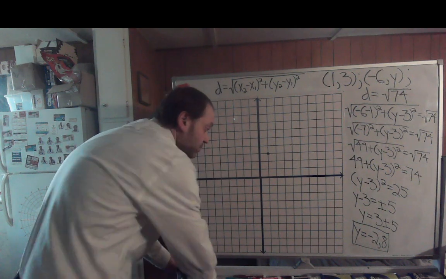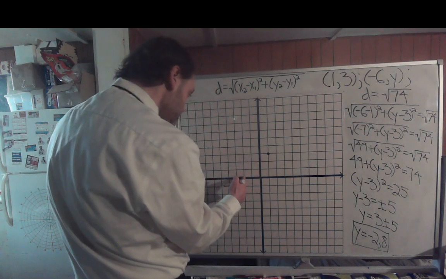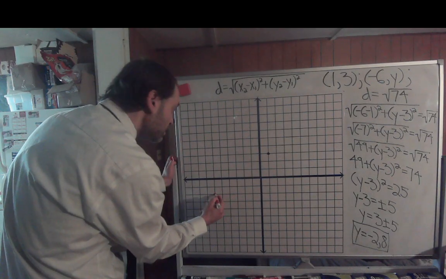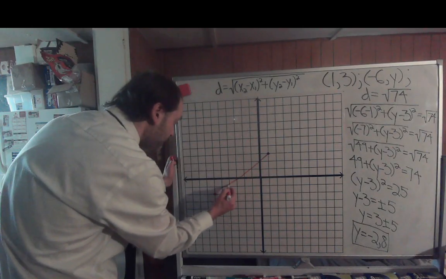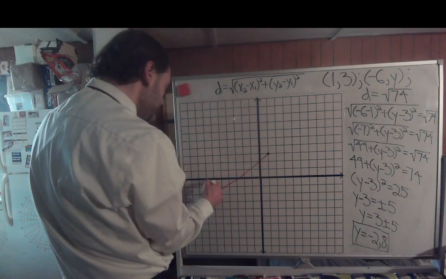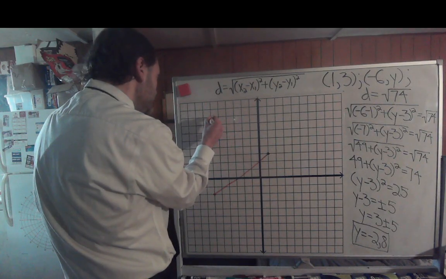So let's plot those. So if we get negative 6, 3, 4, 5, 6, negative 2. So let's connect these 2 points right here. Or we could get negative 6, 8. 6, 7, 8.